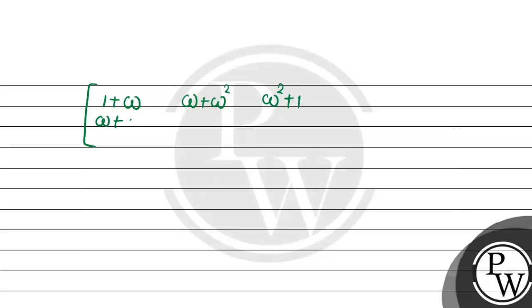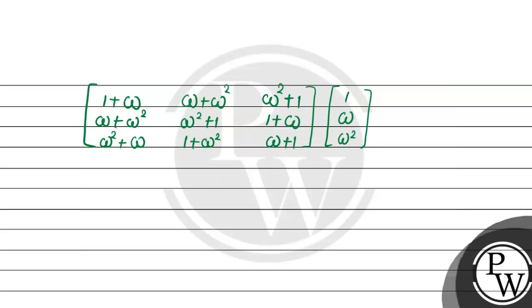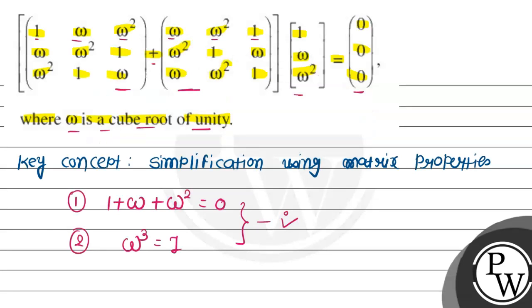Second row, omega square plus 1 plus omega, and third row omega square plus omega, 1 plus omega square and omega plus 1, bracket over. Second matrix is 1, omega square.